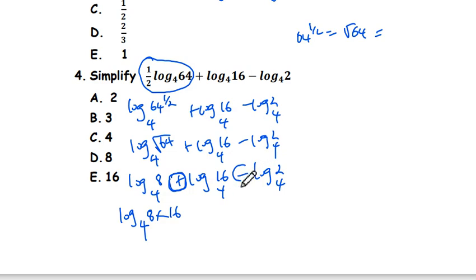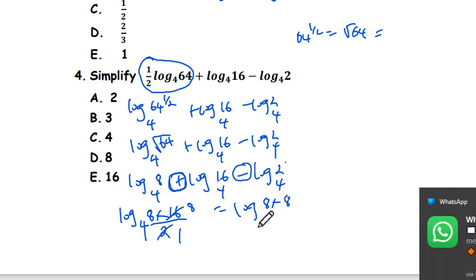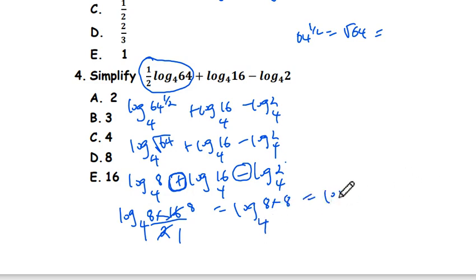Now the subtraction rule states that you divide, so divided by 2. So 2 into 16 is 8. So that becomes log 8 times 8 base 4. So this becomes log 8 times 8 is 64, 64 base 4.